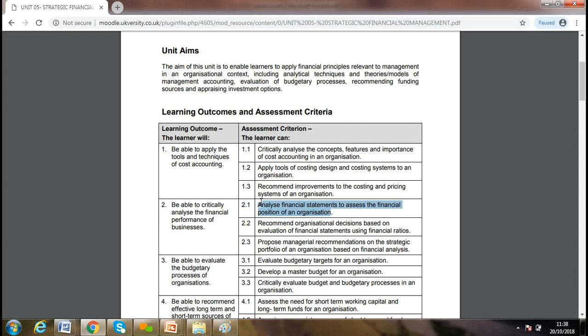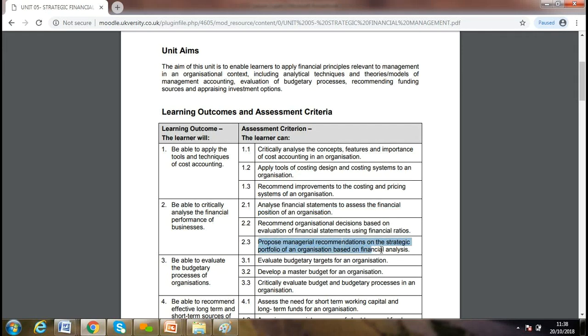First of all, it's crucial to know how many types of financial statement we prepare in accounts to address this learning outcome. Then we recommend organization decisions based on evaluation of the financial statement using financial ratios. What do I mean by ratios? We'll discuss various ratios today.